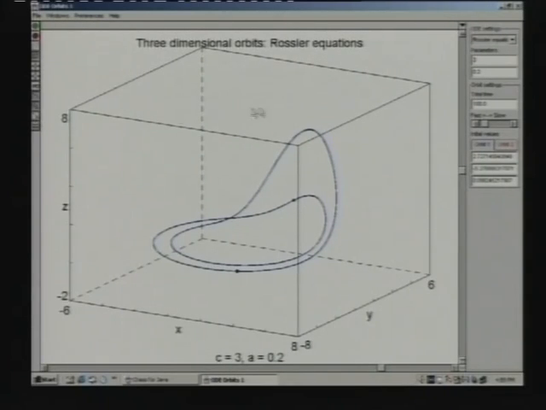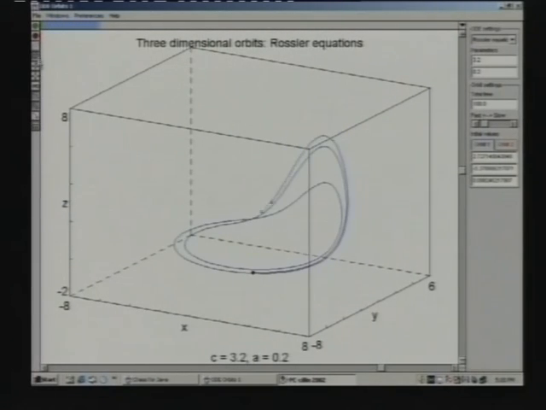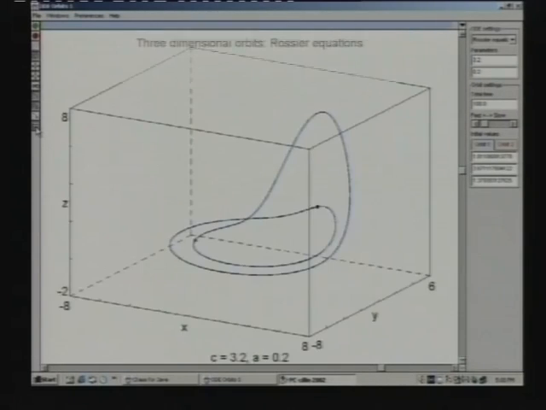If you increase the parameter even further, see what you actually saw in the first computation.